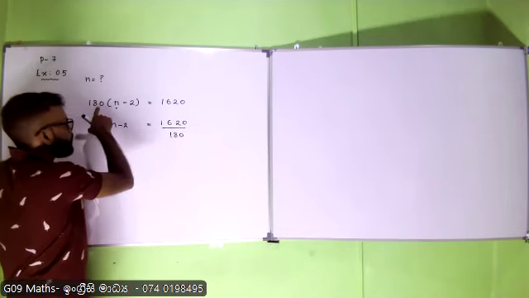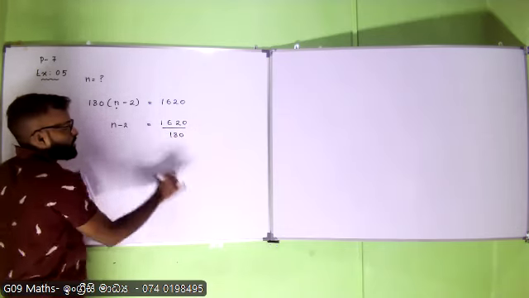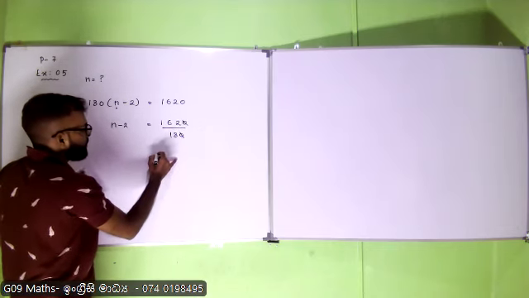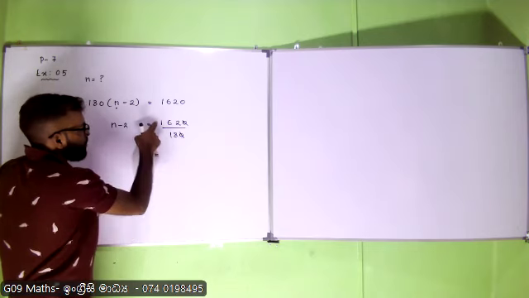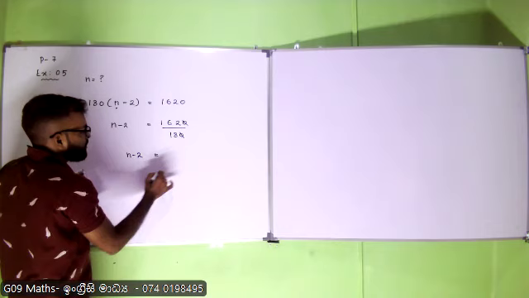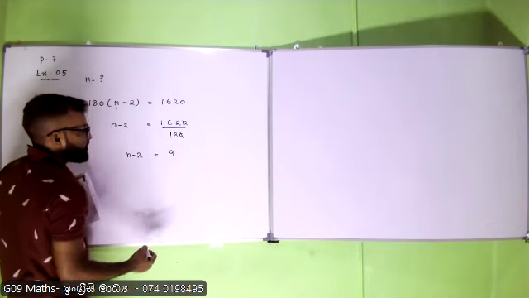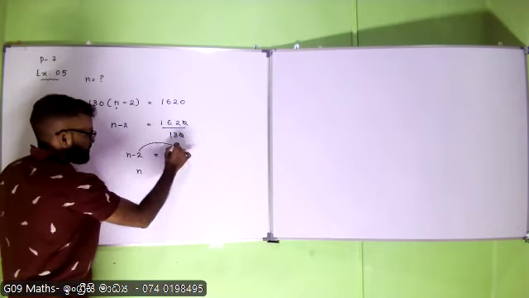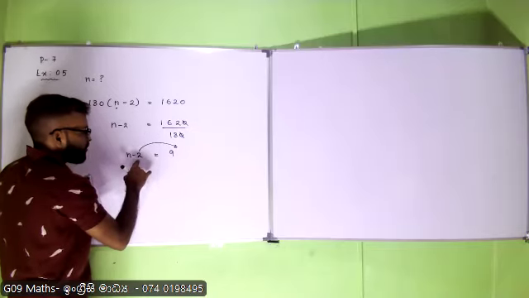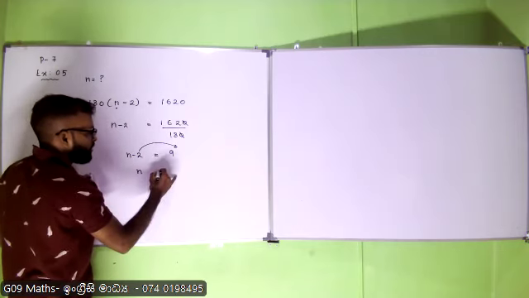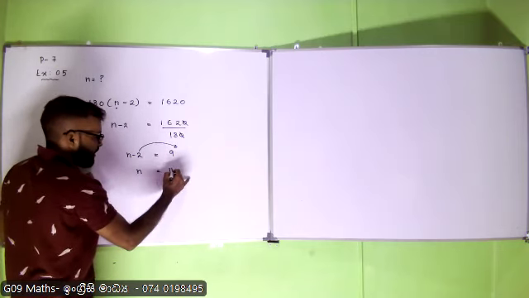Numerator goes to the denominator. Zero to zero. Now 162 divided by 18 is 9. If you take this negative 2 to the other side, it becomes positive 2: 9 plus 2, 11.